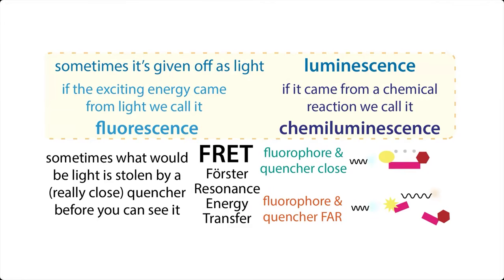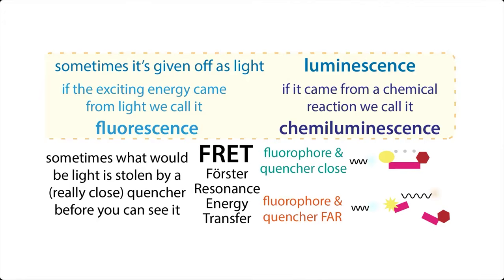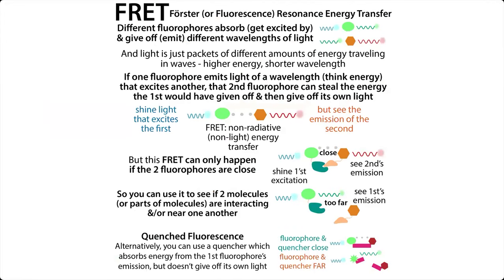And if the molecules are close enough, then the second molecule can actually steal what would have been given off as light, and so you don't see the light that would have been given off by the first thing. Instead, you only see the light that's given off by the second thing, but that only happens if they're close together. And so that gives us this concept of FRET, which we can use to see if molecules are close together or if they're far apart.